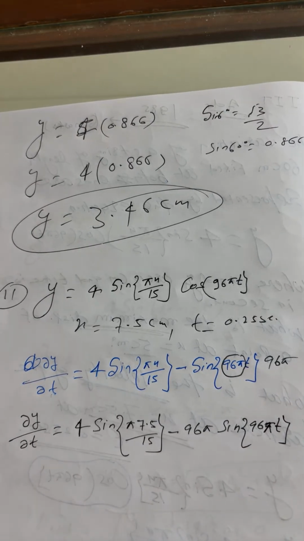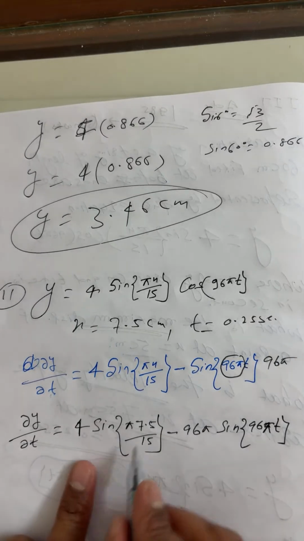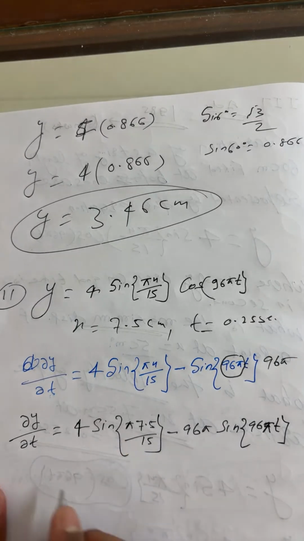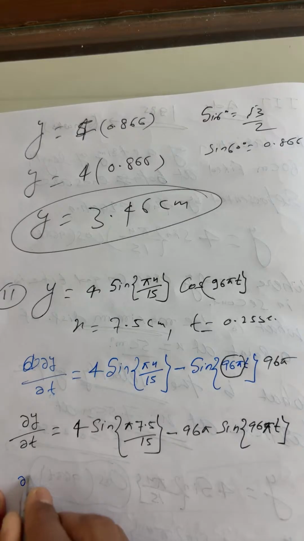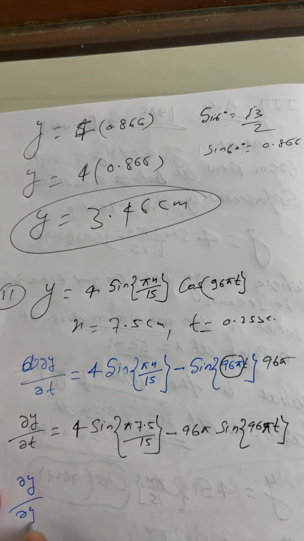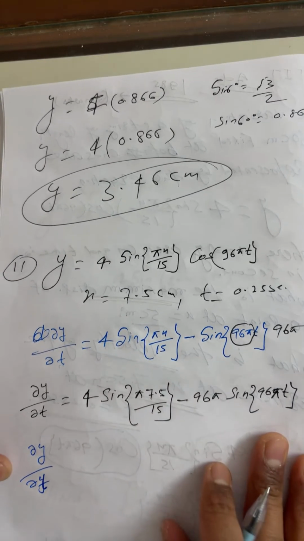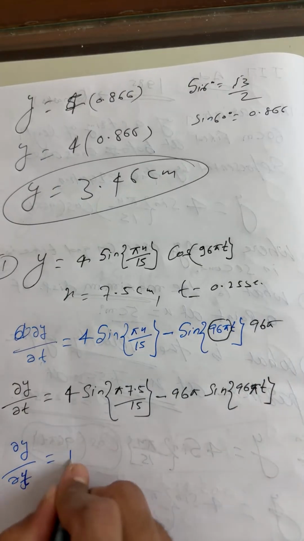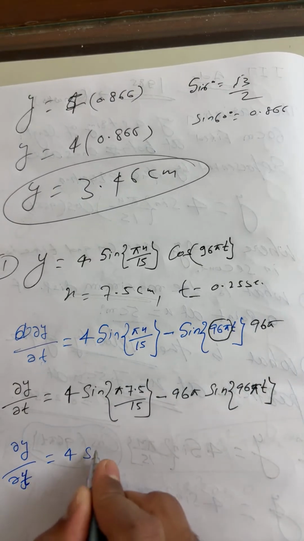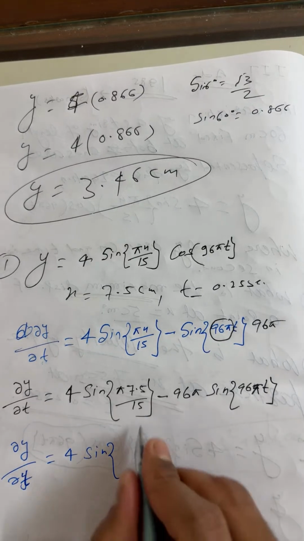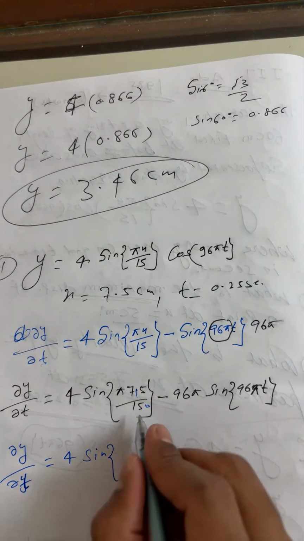Okay, let us go through this once. Again del y by del t for sine, this cancels here.